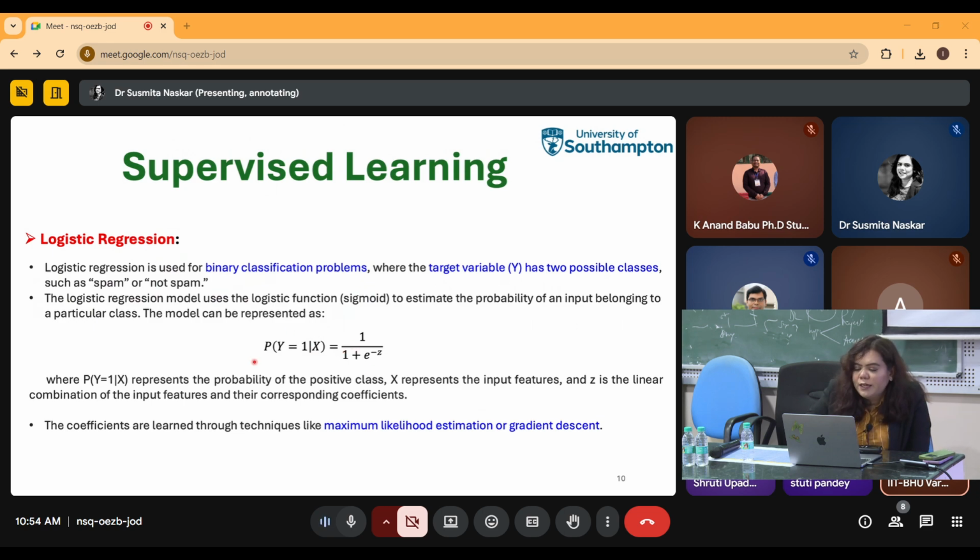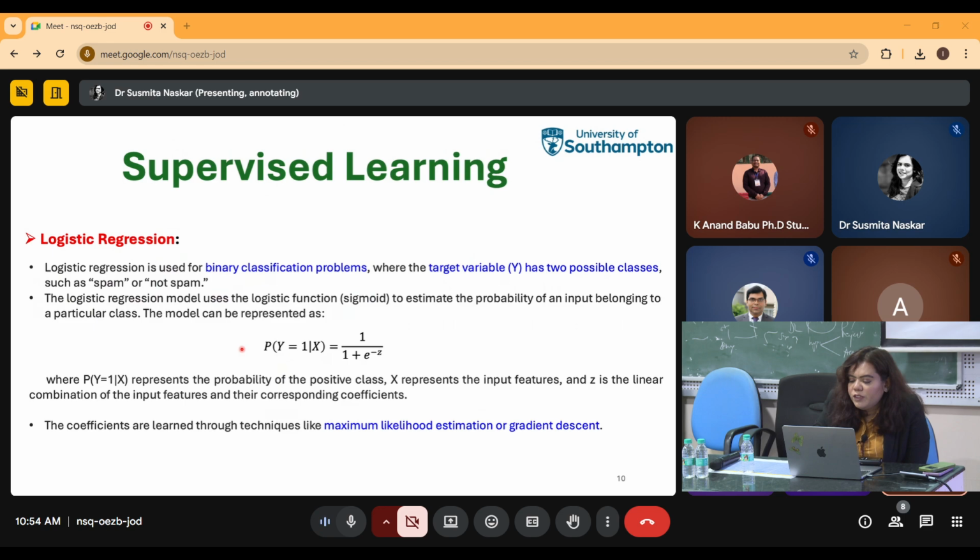We will do some tutorials tomorrow to understand some of these cases, but now we are not getting into the mathematical expression, just trying to understand how it could look. So X represents the input features, and Z is the linear combination of the input features and their coefficients, similar to linear regression, okay. The model also learns the coefficients. And how do we do that?